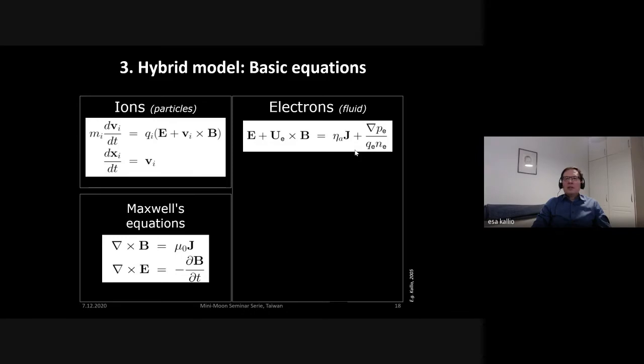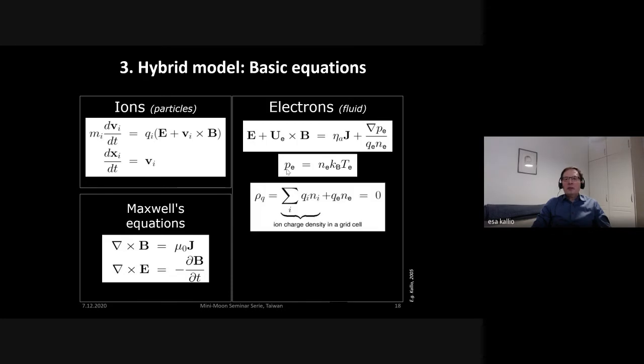Maybe just mention that if we don't have resistivity and plasma pressure, this would be 0. In this case, the magnetic field would be frozen to the electrons. It's not frozen to the protons, like in MHD, which doesn't have a Hall term, but this includes the Hall term.